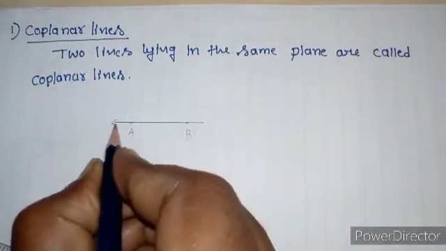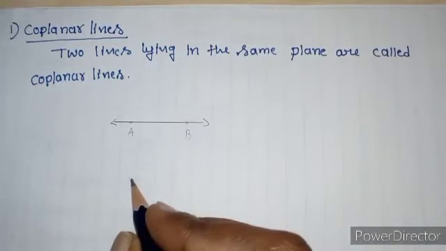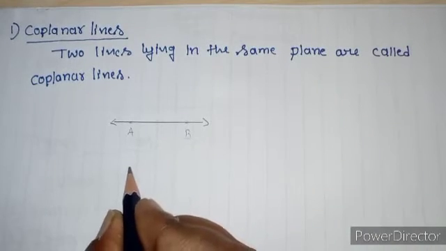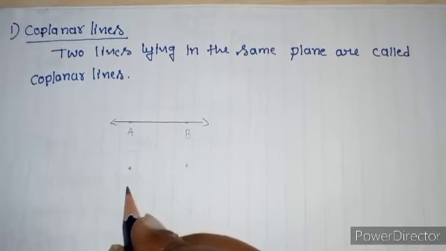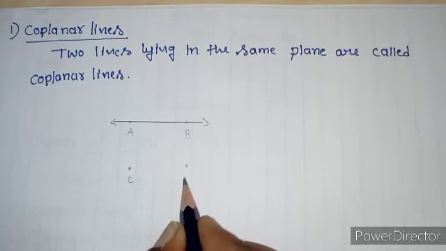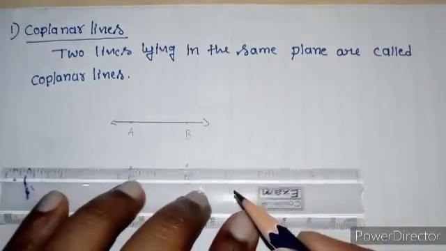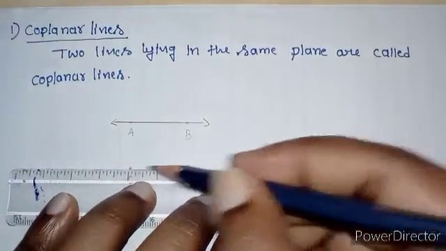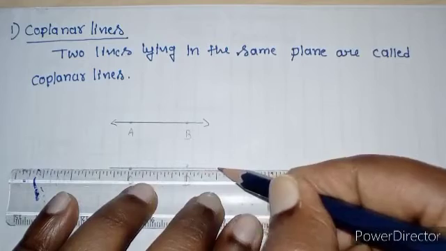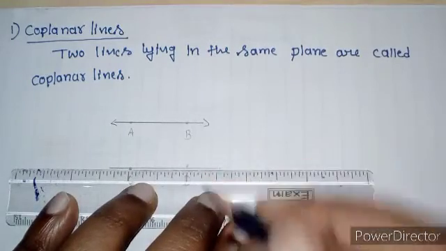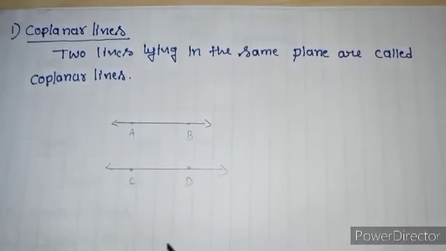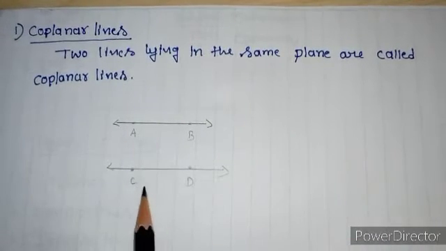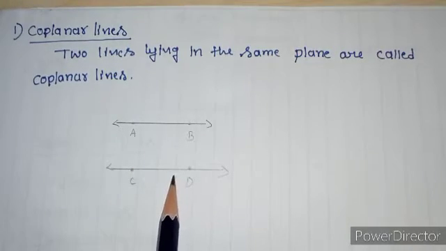Next I am going to draw another line with points C and D, and join them with extended arrows. Now we got 2 lines lying in the same plane, right?